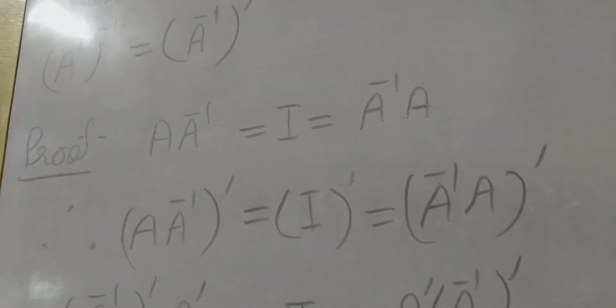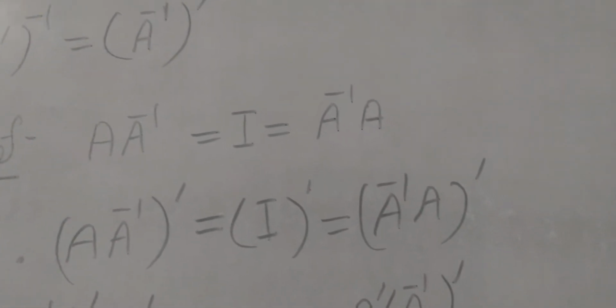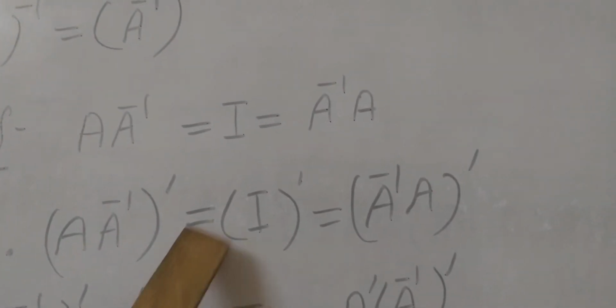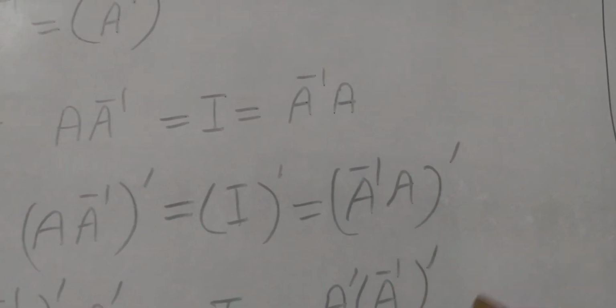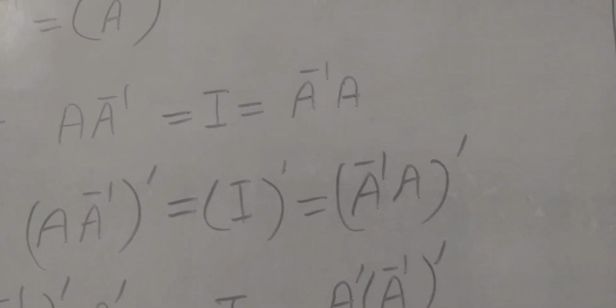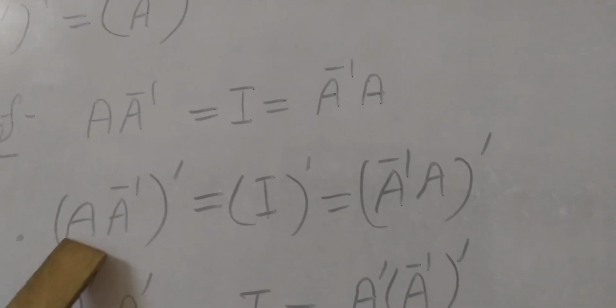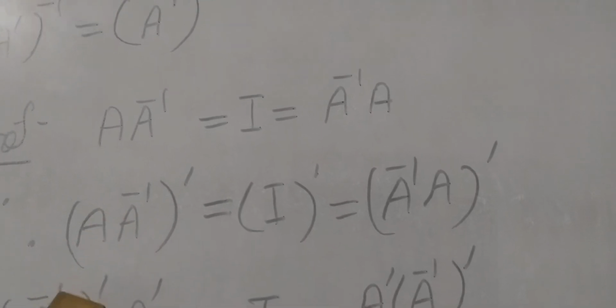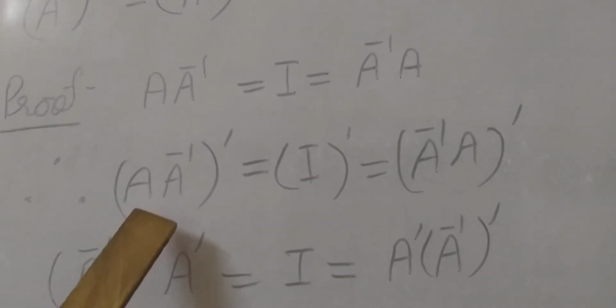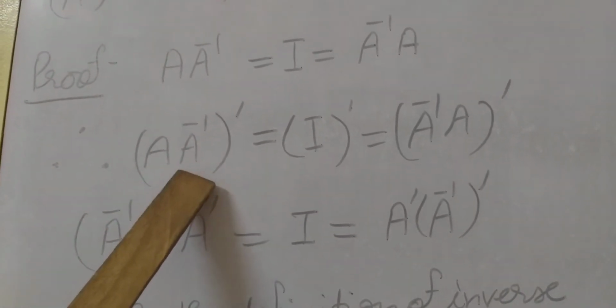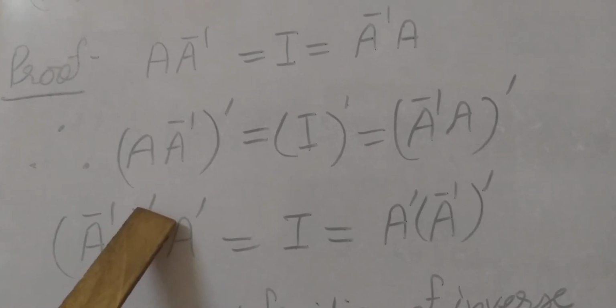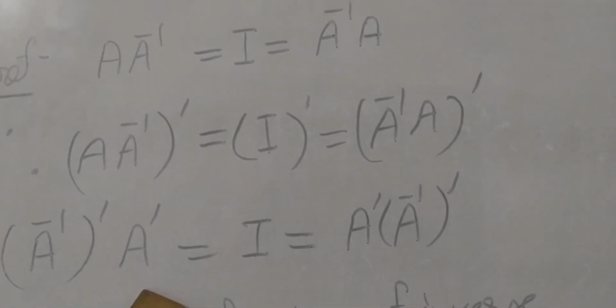Now students, we are going to find its transpose. So its transpose, I transpose, and this transpose. Now students, we can use the property (AB) transpose equals B transpose A transpose. That's why I have written A inverse transpose into A transpose.